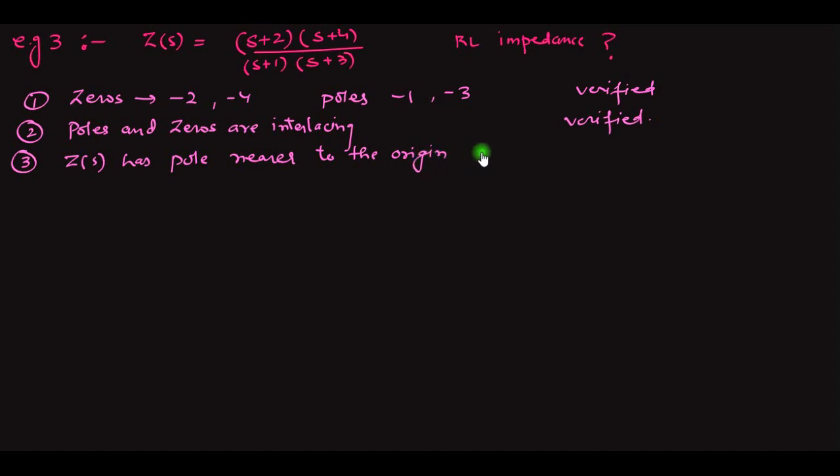It means it is not verifying condition number 3. If condition number 3 is not verified, we will write that the given network function Z of S is not an RL impedance function. That is, this Z of S cannot be realized.